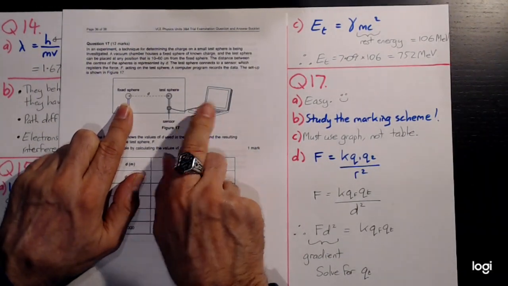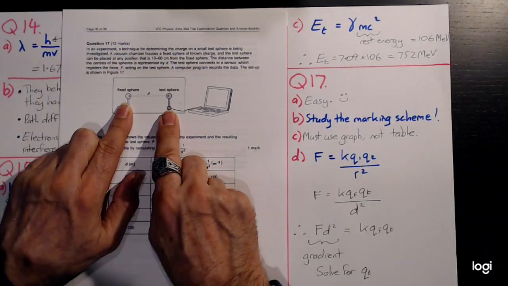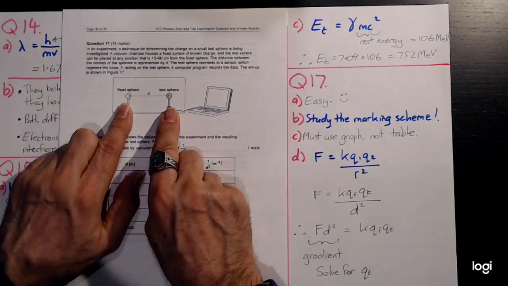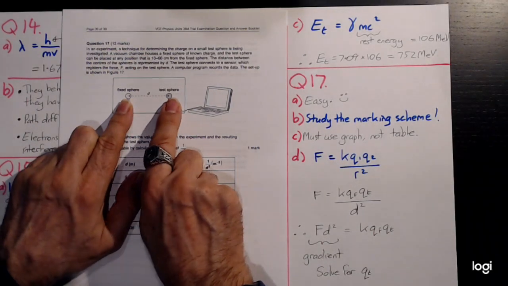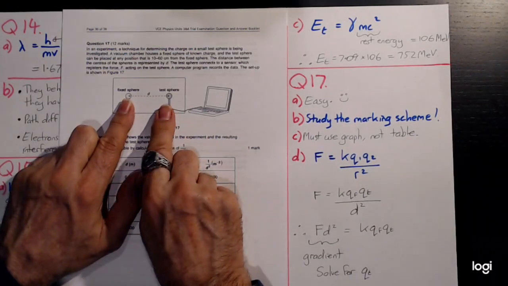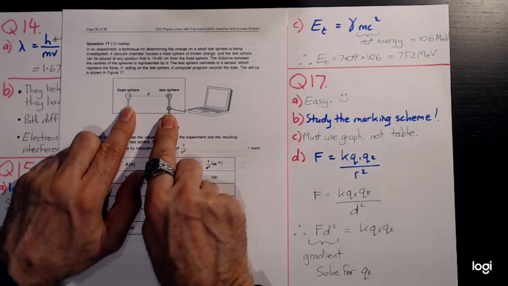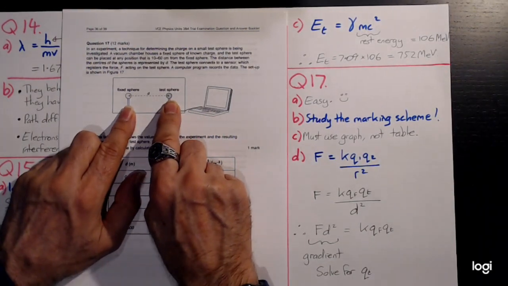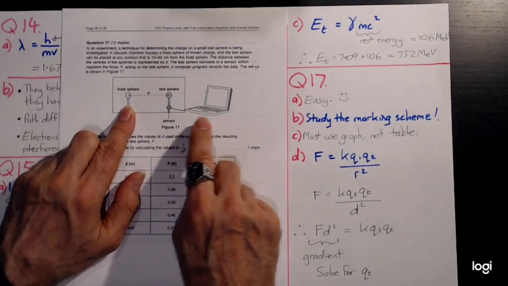And the test sphere can be placed at any position that is 10 to 60 centimeters from a fixed sphere. The distance between the centers of the spheres is represented by D. The test sphere consists of a sensor which registers the force acting on it. A computer program records the data. The setup is shown in here.